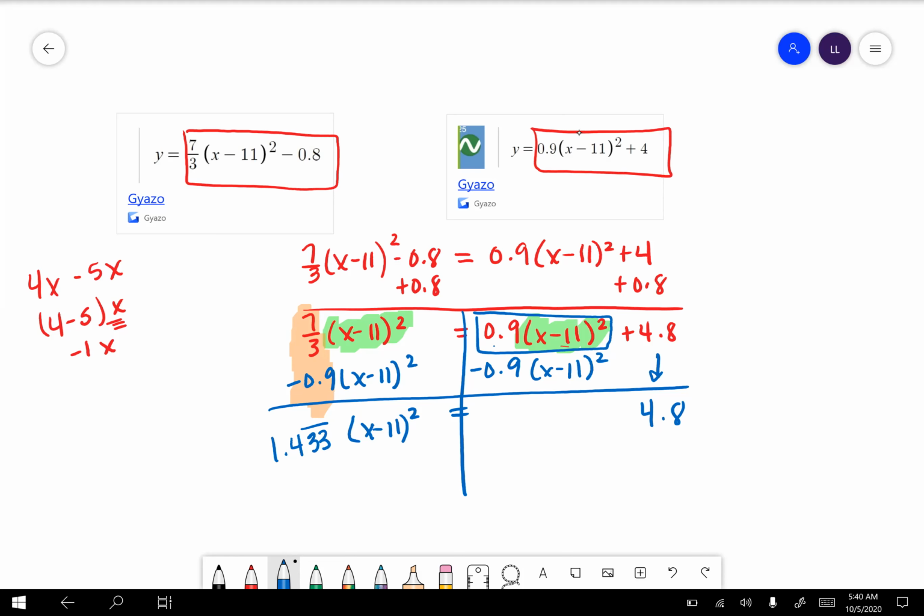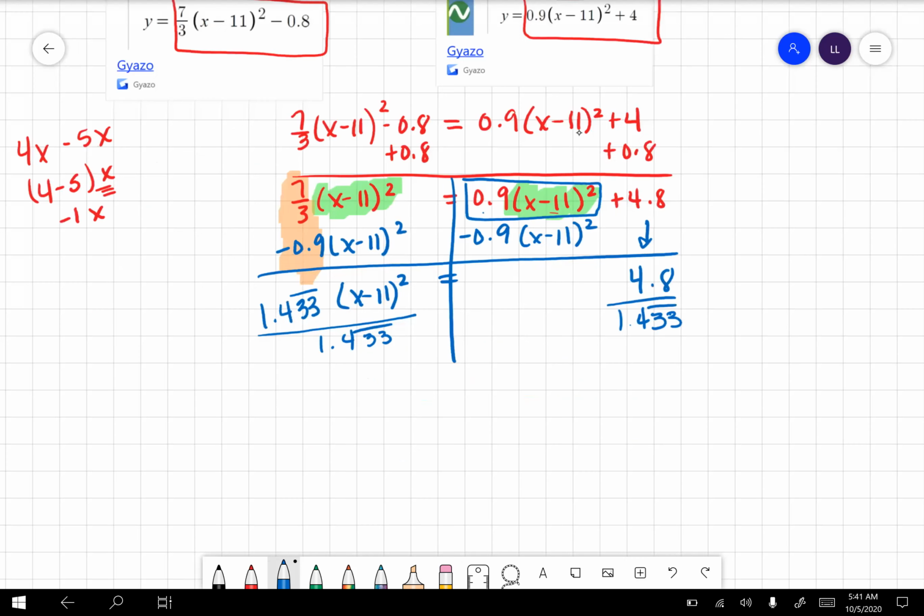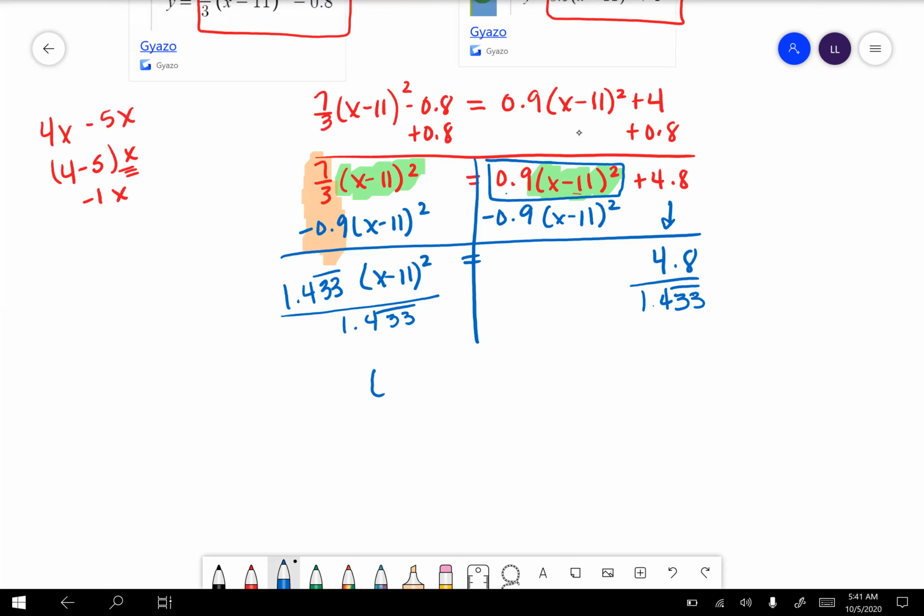Okay, so now remember, to solve this quadratic, we would go ahead and isolate the parenthesis here. So I'm going to divide both sides by 1.43 repeating. And so I end up with (x minus 11) squared is equal to 4.8 divided by 1.43 repeating.